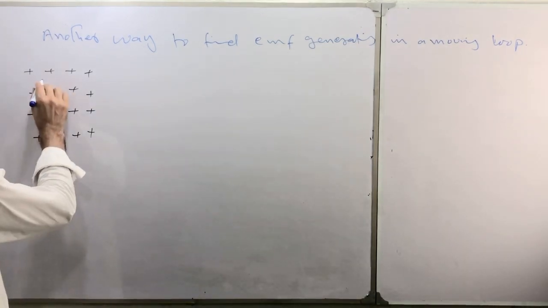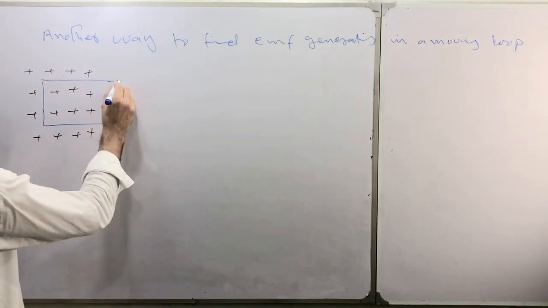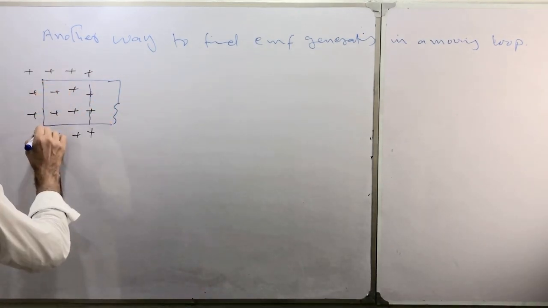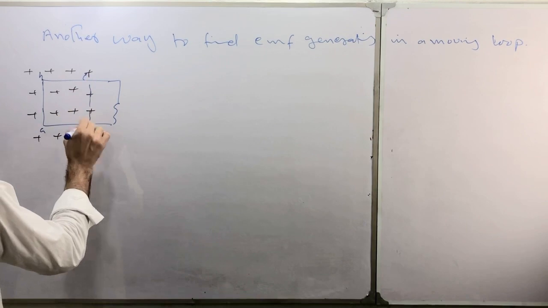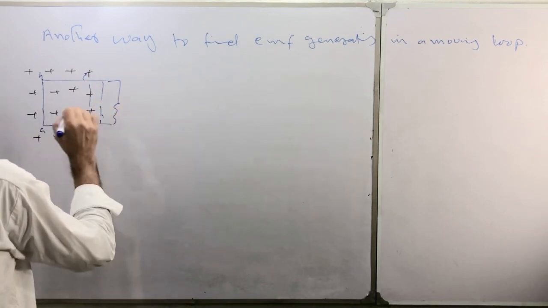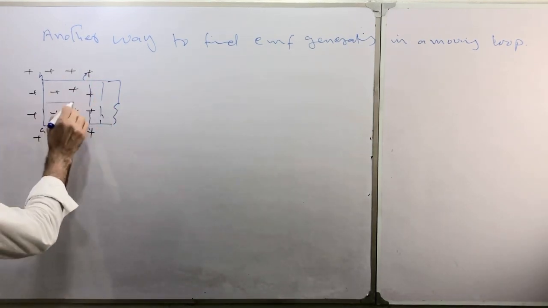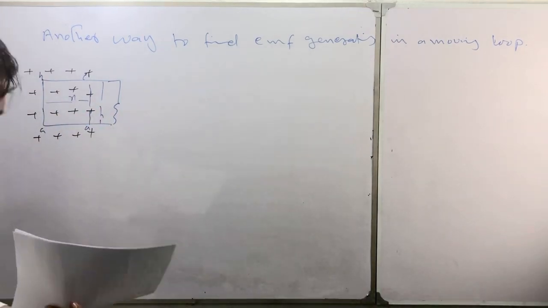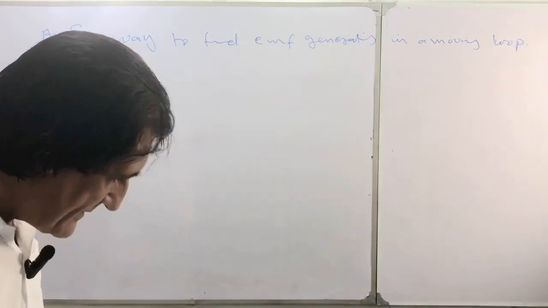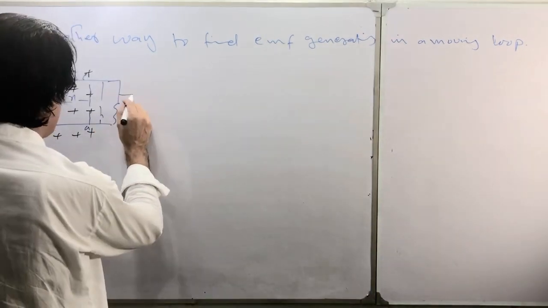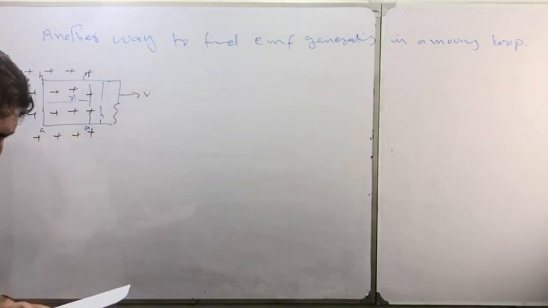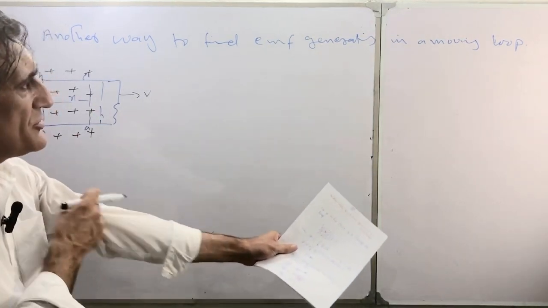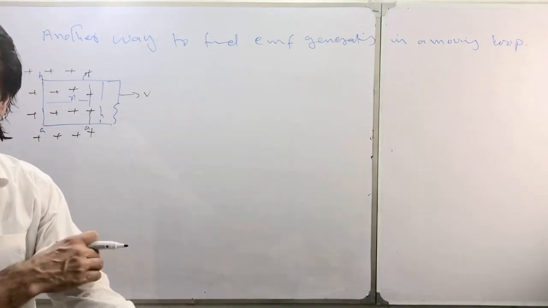This is actually the loop, and this is A, B, C and D. This is H and this is X. So all these we know about this, and this is moving with velocity v. This is another approach to calculate the EMF.